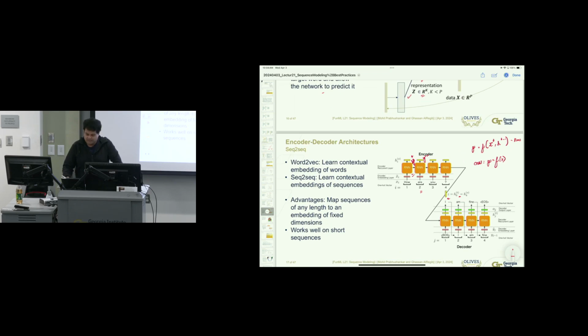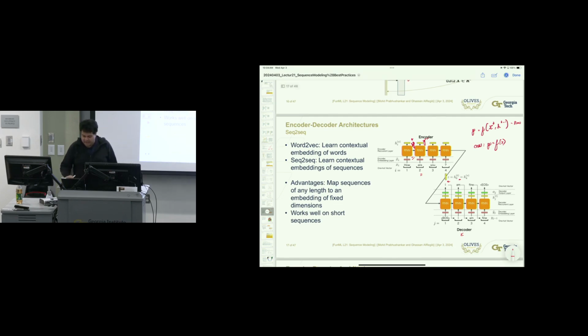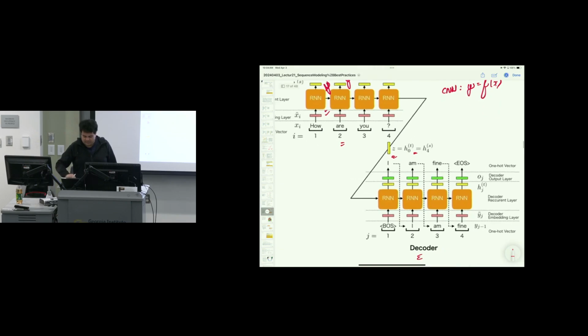And based on that, we need to construct a decoder that is going to output a certain phrase as well. So given the question, how are you? You expect your output, let me increase this, to be something like, I am fine.